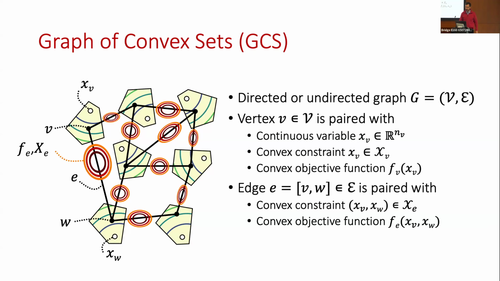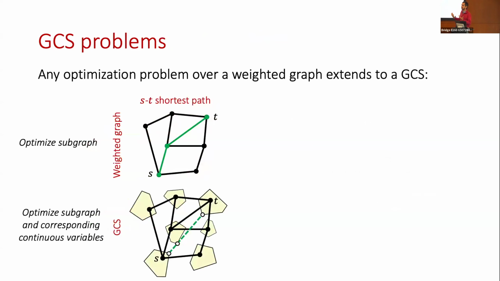So this is essentially a data structure. You can think of this as a data structure. And the question is, what kind of optimization problems can you pose over these graphs? And essentially, any combinatorial optimization problem that you can formulate over an ordinary weighted graph can be generalized with GCS.